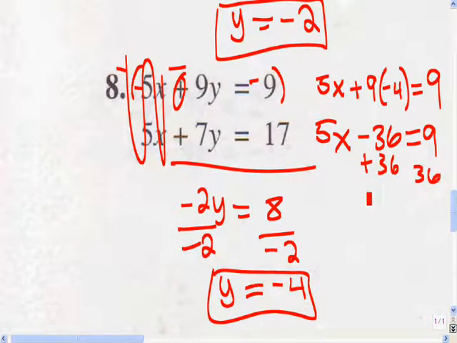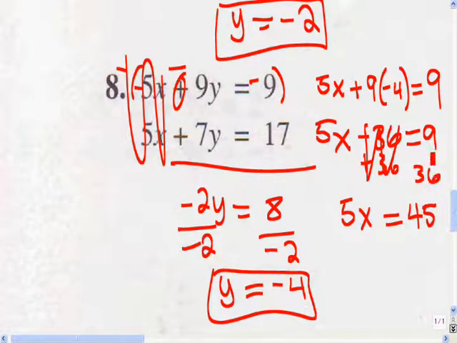That's going to be 45. No, I'm sorry, 48 on this side. 36 plus 9 is... Oh, no, I'm sorry. That's going to be 45, because 36 plus 9 is 45. And then I'm going to divide by 5. Divide by 5. X equals 9.